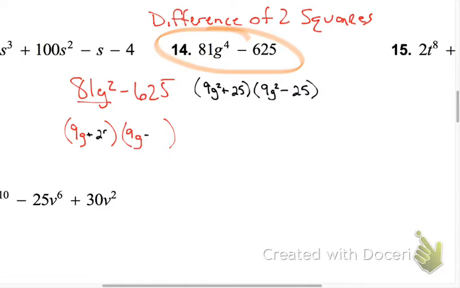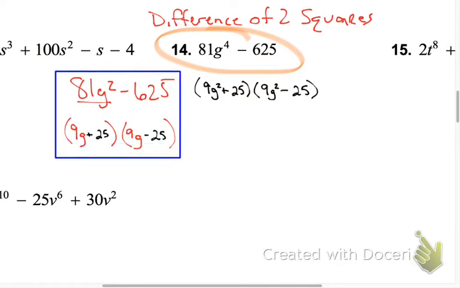So, if we would have done the one over here that's in red and black versus the one that's in all black, before, whenever we were factoring, we would have this and we would be done right here. Okay? If it was just 81g to the second minus 625. Now, it said factor completely.